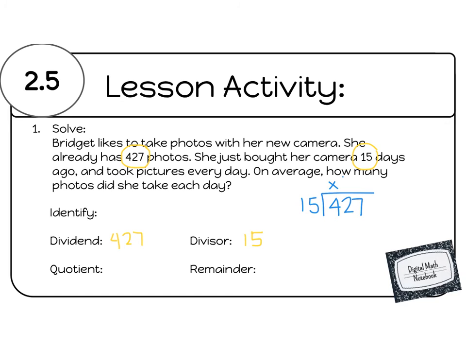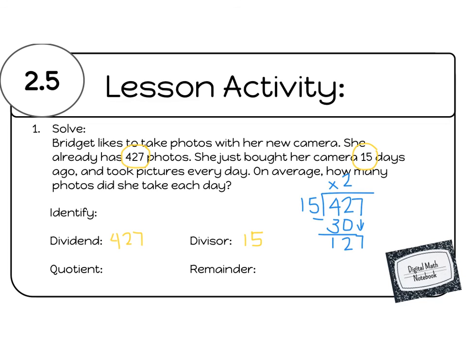We can only go in 2 times, which is 30. When we subtract, 2 minus 0 is 2, and 4 minus 3 is 1. So we're left over with 12, and then we bring down the 7.